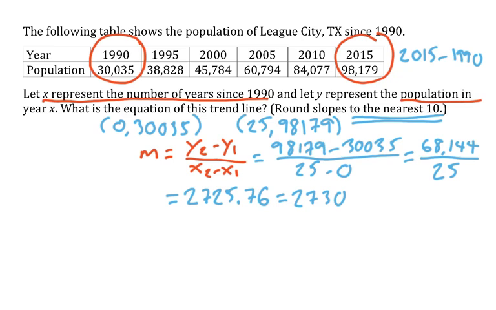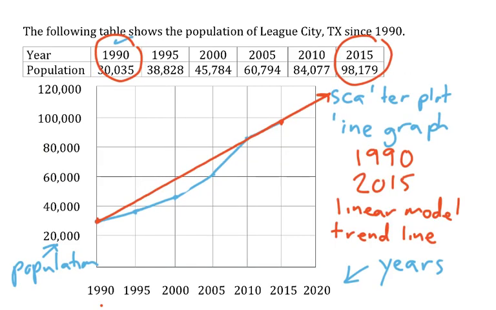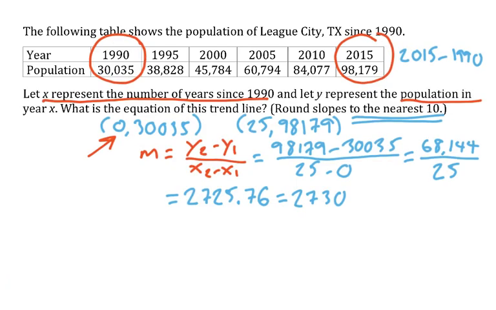In addition, if you focus your attention on this first point again, notice that its x-coordinate is 0. When you have a point whose x-coordinate is 0, that means it is on the y-axis and is essentially the y-intercept. Let me go back to the picture and you can see that right there. That point on that line is the y-intercept.